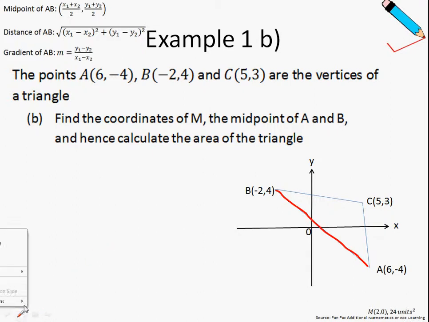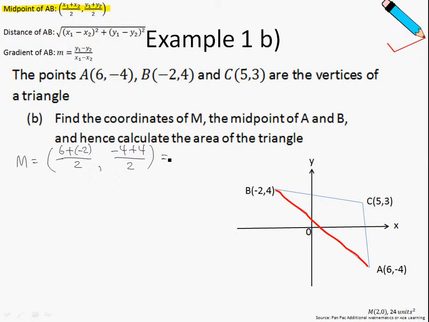So let us now make use of the midpoint formula. So M, which is the midpoint of AB, is given as the x coordinate of A, which is 6, plus the x coordinate of B, which is -2, divided by 2, comma, the y coordinate of A, which is -4, plus the y coordinate of B, which is 4, divided by 2.